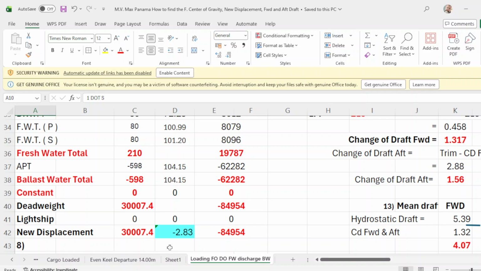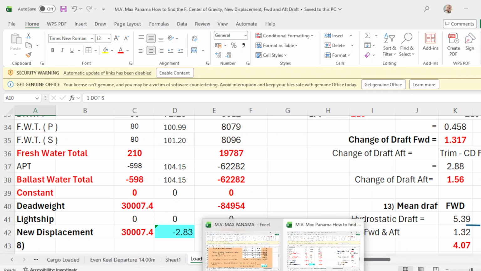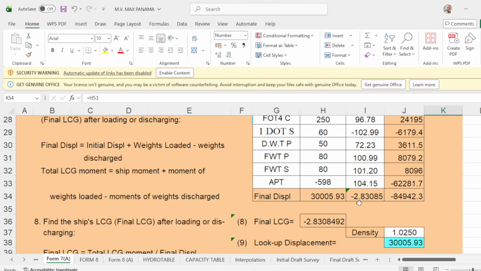So small difference. Your LCG here is negative 283. Okay. Then number 8.